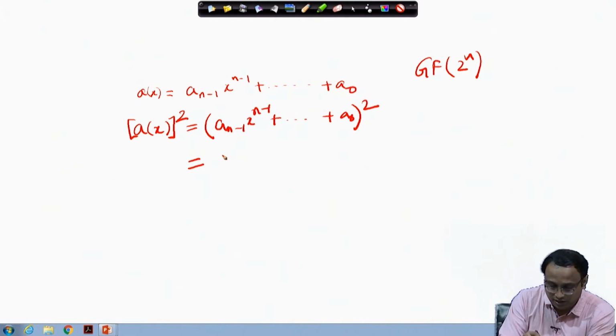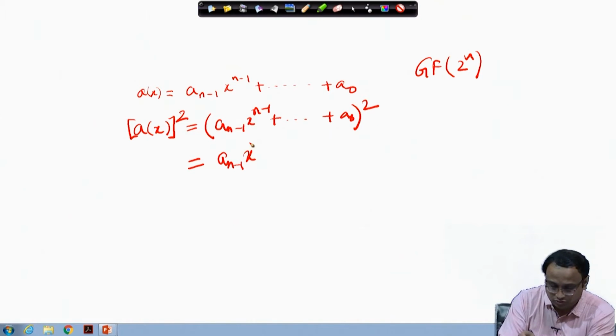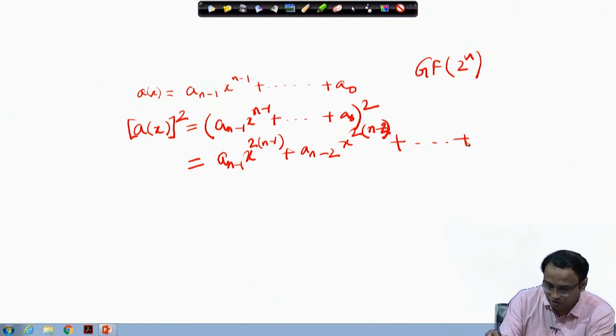So what you get is a_{n-1}^2, but a_{n-1} is an element in GF(2), so a_{n-1}^2 is also a_{n-1}, times x^{2(n-1)}, plus a_{n-2} x^{2(n-2)}, plus so on till a_0, which is the constant term of the polynomial.